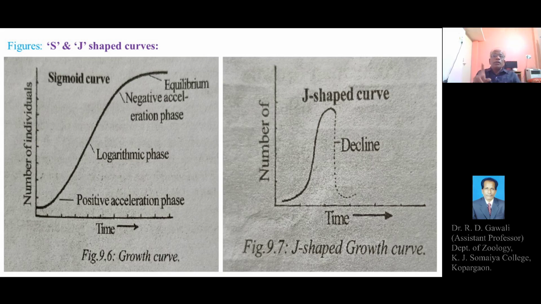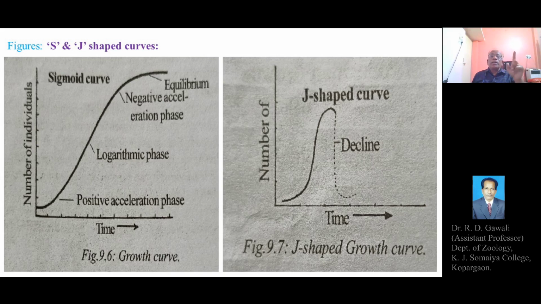So the sigmoid curve represents four growth patterns in a particular population in a particular area. The initial phase of slow growth is called the positive acceleration phase, the first step of the growth curve in a population.